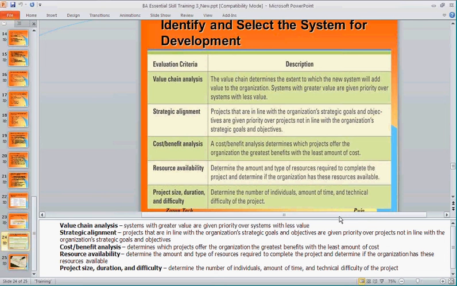Now, value chain analysis may be added to your evaluation criteria, right? But you will then sum up the values that you have given. Now, if one is the highest, then the lower the score, the better the methodology, right? The more preferred it is. Yes or no? If one is highest, then anything that has a total value of 5 means that is the preferred methodology, correct?